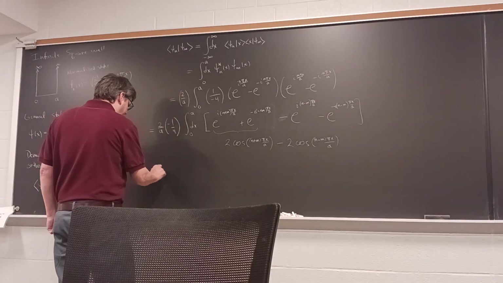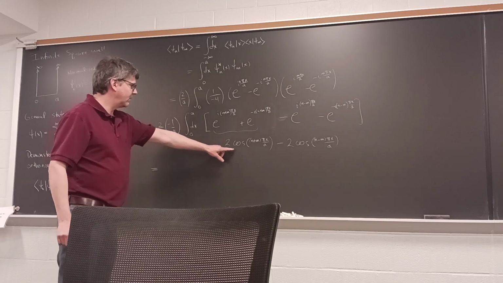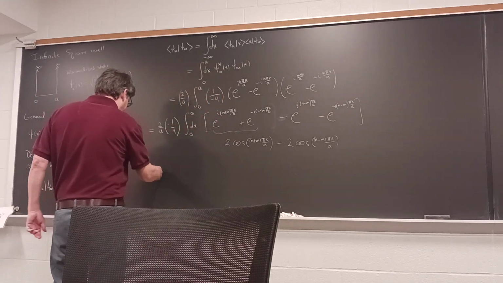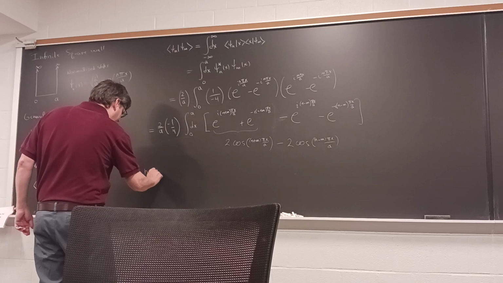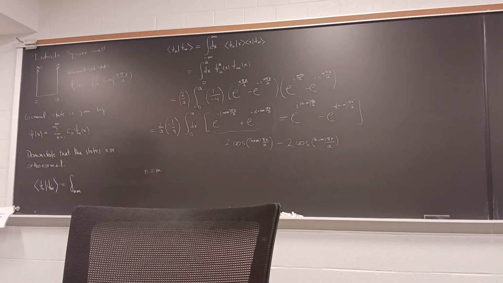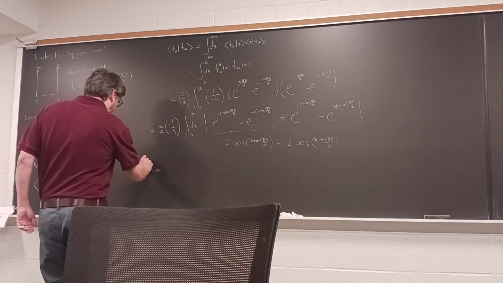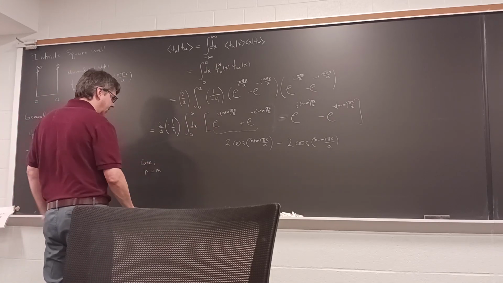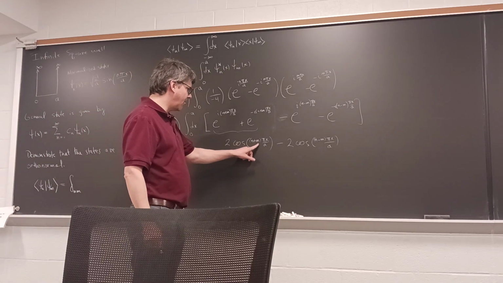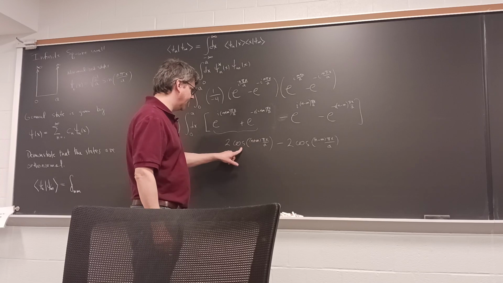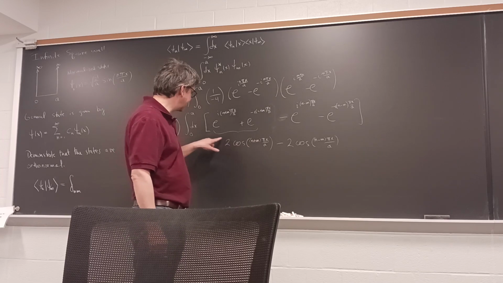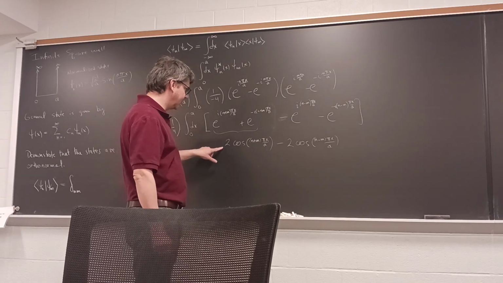So let's look at the cases. There are two cases. What about n equals m? In that case, n plus m will just be some other integer, and it's a cosine. When we integrate the cosine, we get a sine, and that sine from 0 to a will just give 0.